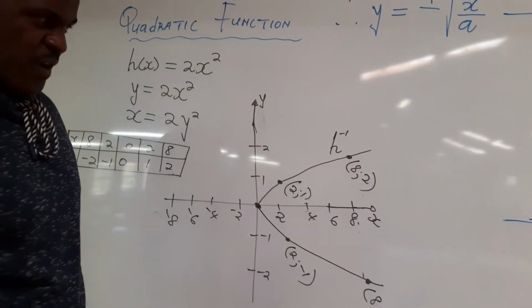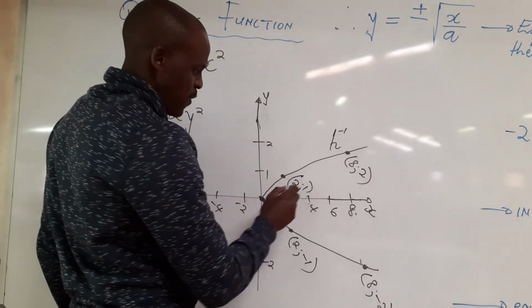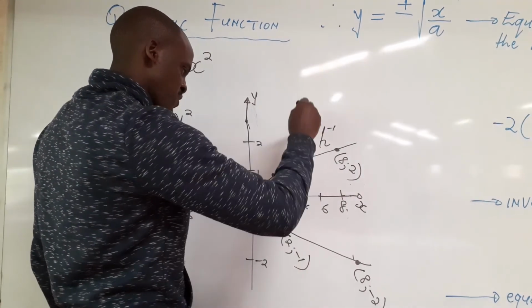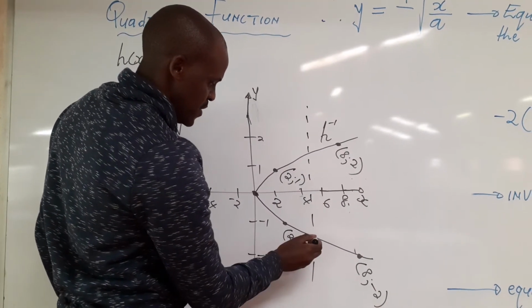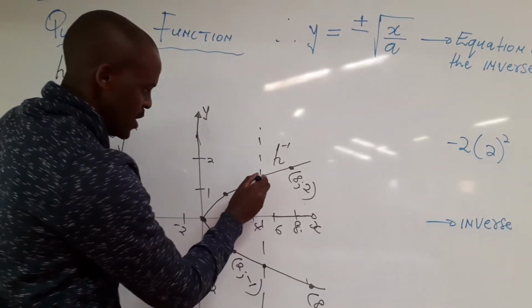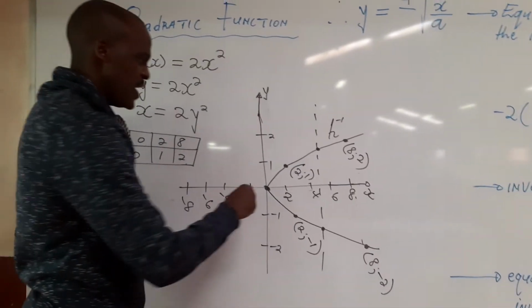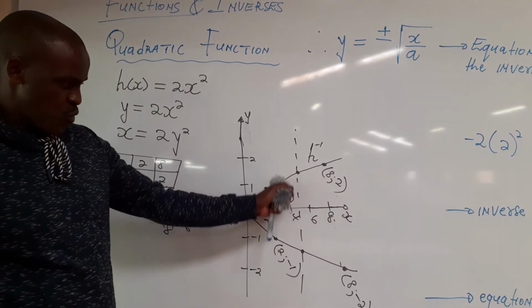that won't be a function. Because now, if you move your vertical line test to any of the points on this graph, it will cut this graph at 2 points.